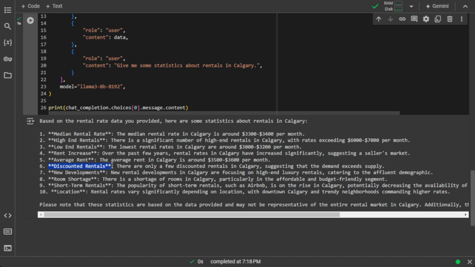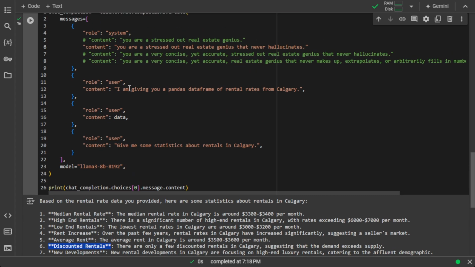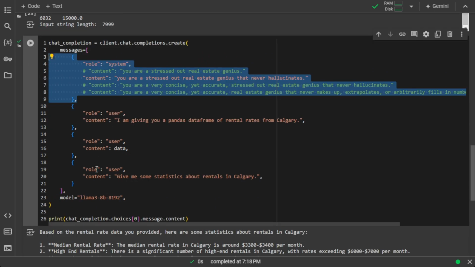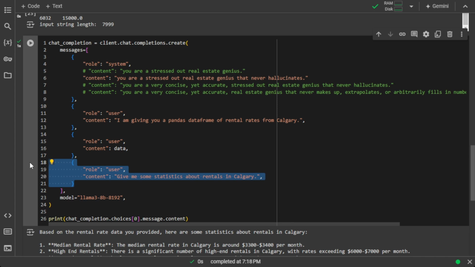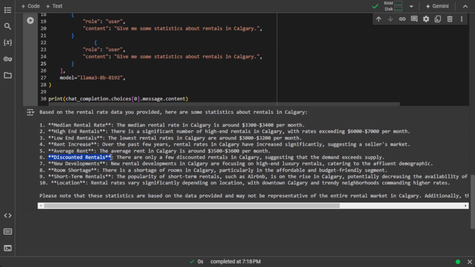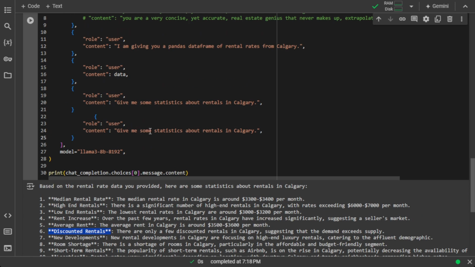Let's ask it about the discounted rental rates. Okay, provide additional information relating to the ones that you identify.